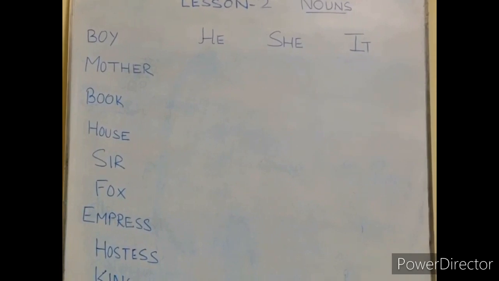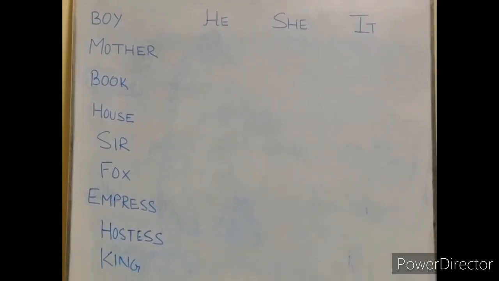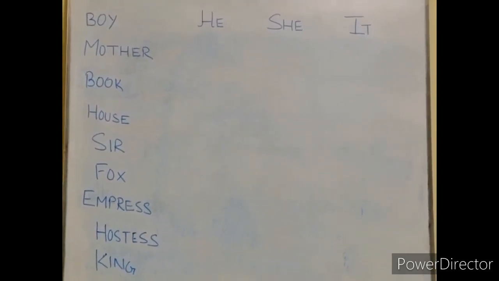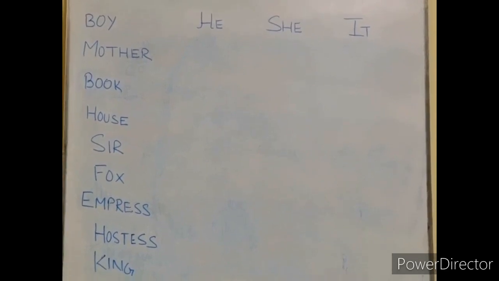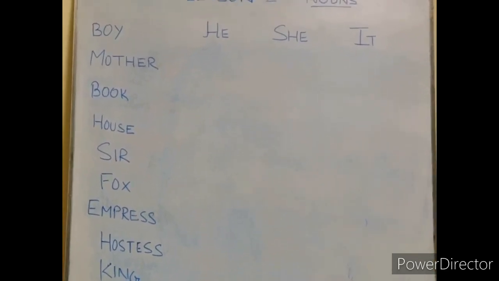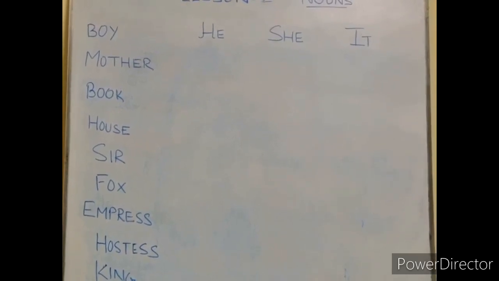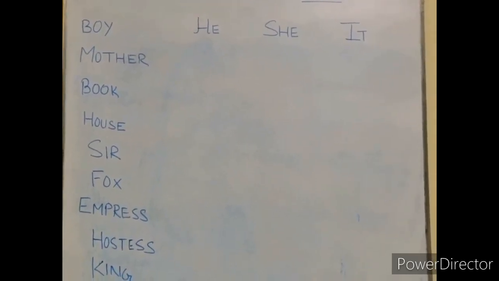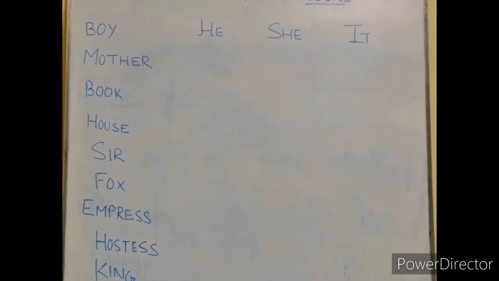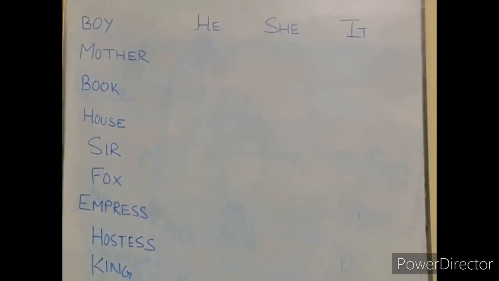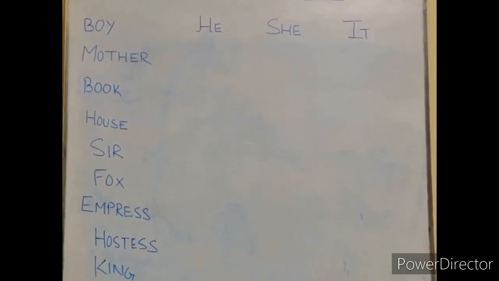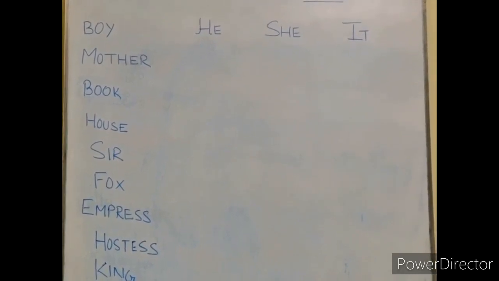Take out your English grammar copies and note down these words and then make 3 columns as I have done. And put these words under the proper column. Like boy, where will you put? Under he. Mother, where will you put? Under she. So do it fast, students.